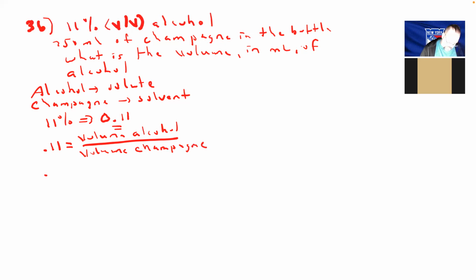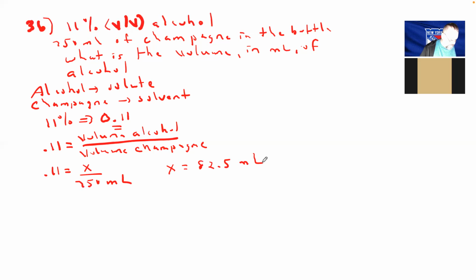That would bring me to 0.11 is equal to, let's say, X over 750 milliliters. You can leave it in milliliters. So 750 times 0.11 means the amount of alcohol would be 82.5 milliliters. So that's one example of that type of question.